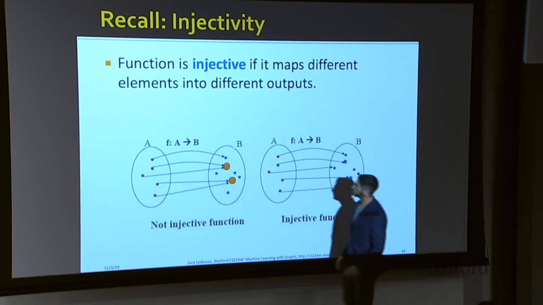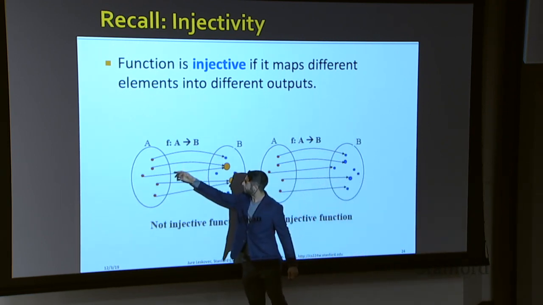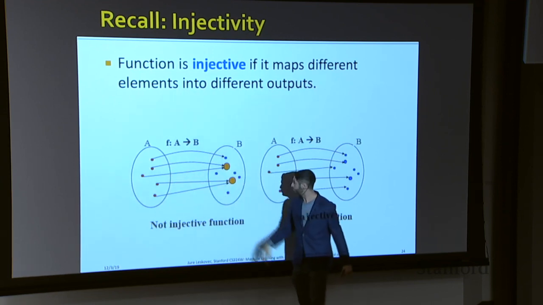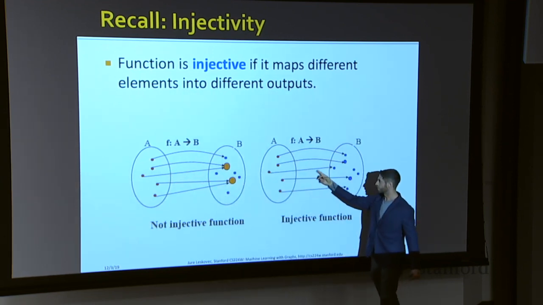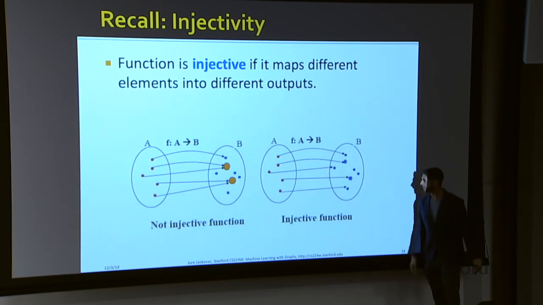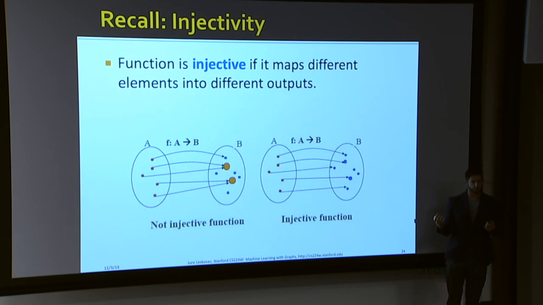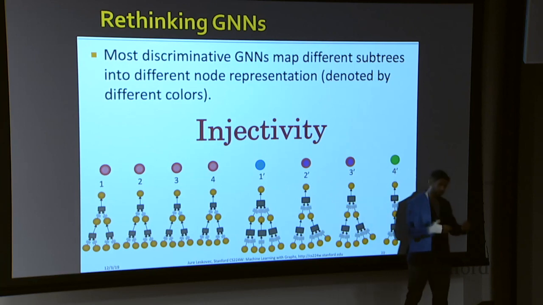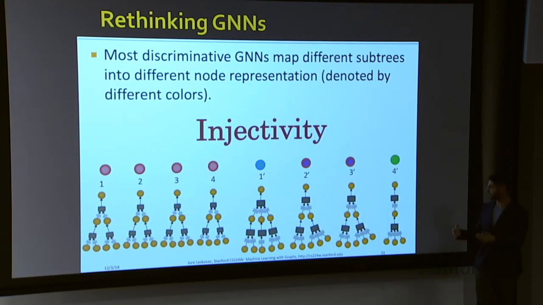As we see here, we go from domain A to B, and there are some elements that map to the same output, while in the case of the injective function, each element maps to a different output. And it's very intuitive why we want this property to hold, correct? If we have multiple nodes that all map to the same output representation, then the GNN will not have enough discriminative power to understand if nodes are different or not, okay?